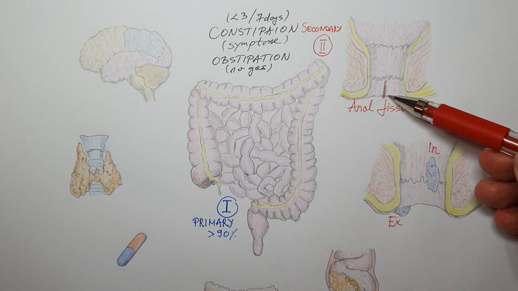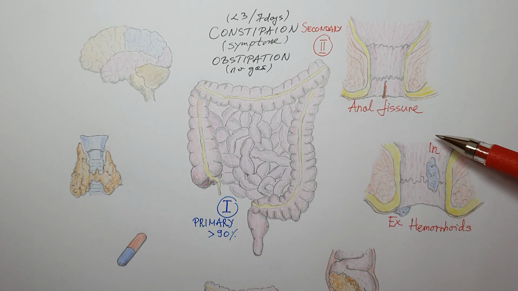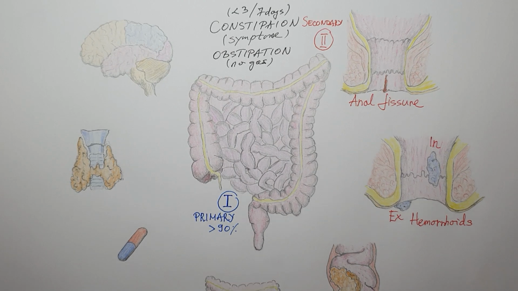So as with anal fissures, hemorrhoidal disease, which is also fairly common because of the sedentary lifestyle, causes pain when the stool passes, and then the patients avoid going to the bathroom, and then they have constipation.